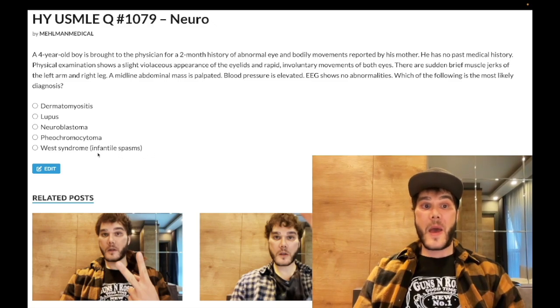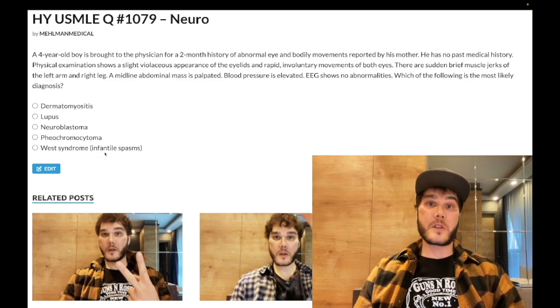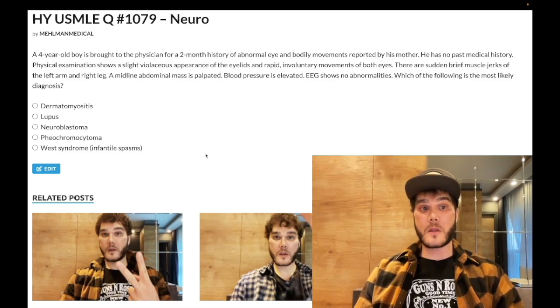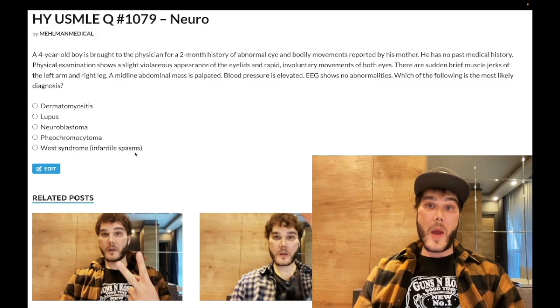So infantile spasms, myoclonic seizures, 2 to 4 months old, just a kid under the age of 1 classically, and it will lead to ultimately neurodegenerative disease with regression in behavior. And this can be associated with hypsarrhythmia, which is a chaotic, nonsensical EEG pattern, whereas here the EEG shows no abnormalities. West syndrome, wrong answer.